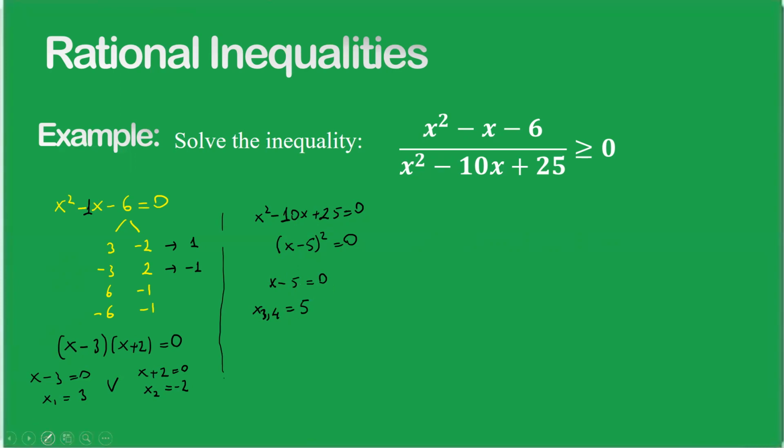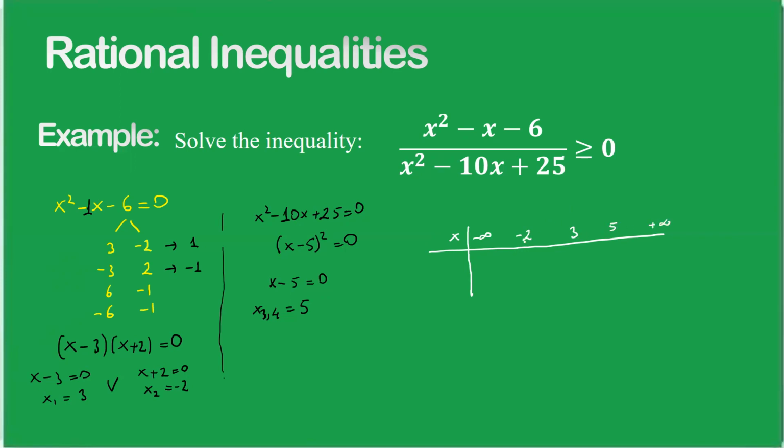Now let's draw the table. x from minus infinity. The numbers: minus 2 is first, the next one is 3, and the next one is 5, but it is a double root, careful. And here plus infinity.